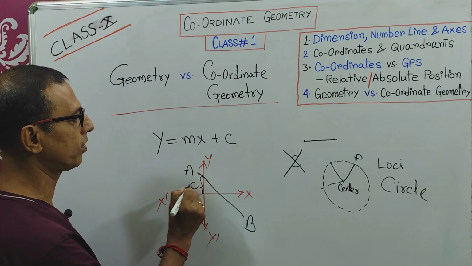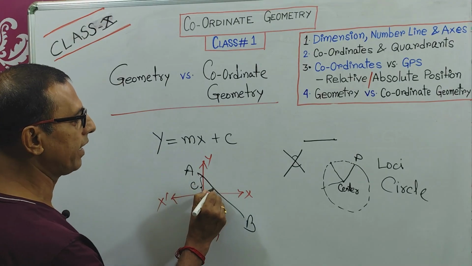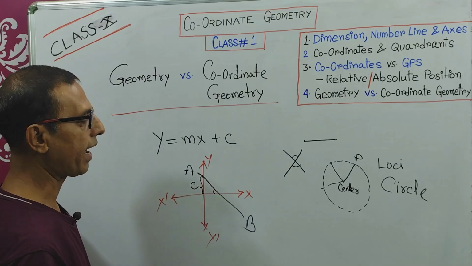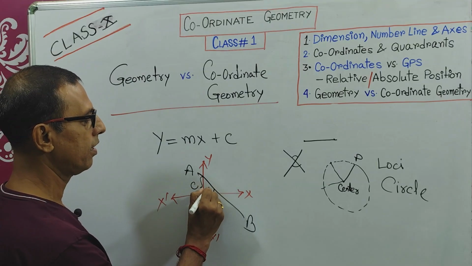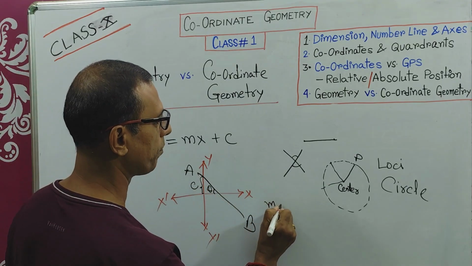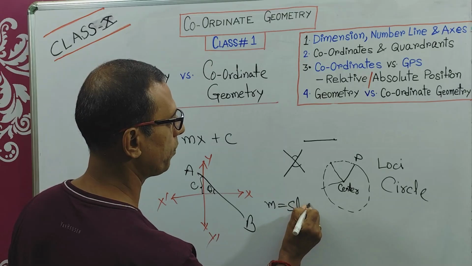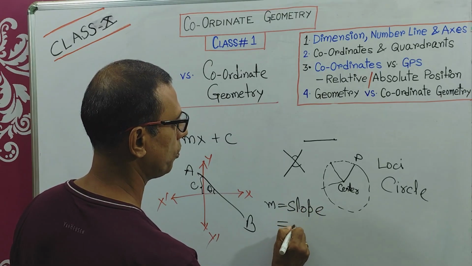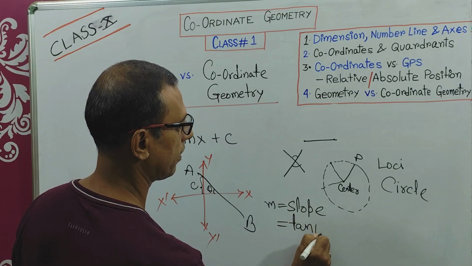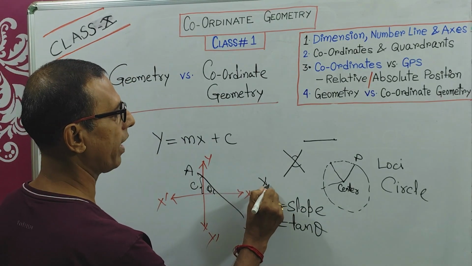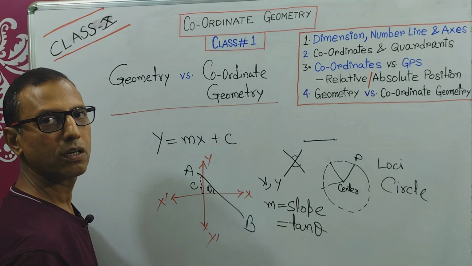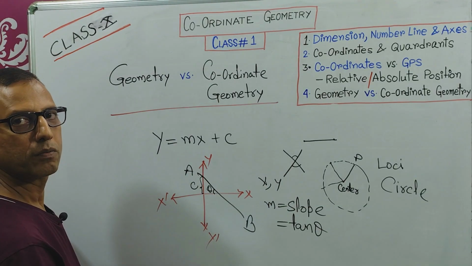And the angle at which it is aligned with the x-axis is called theta. Then m is called the slope, which equals tan theta. So m is the slope, and x and y are the coordinates of the point.